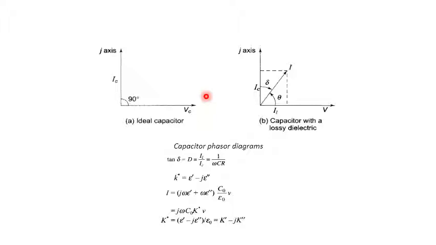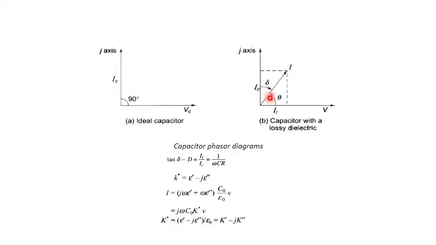Generally the current leads the voltage by an angle. For the ideal capacitor, the current is advanced with respect to the voltage by an angle of 90 degrees. But here the current leads the voltage by an angle theta, which is less than 90 degrees.